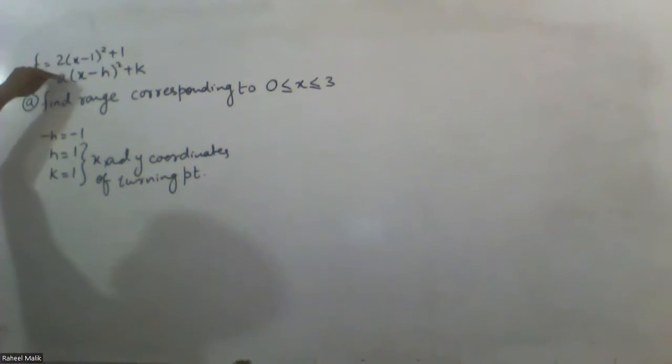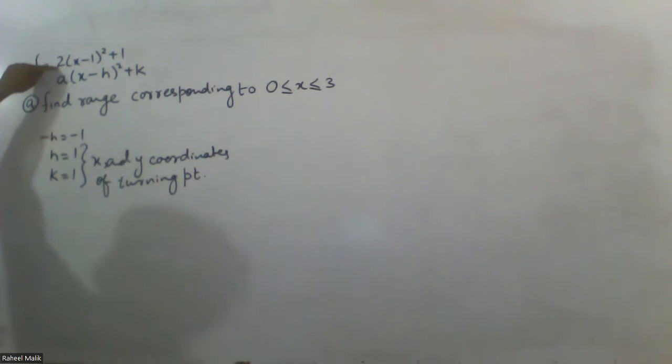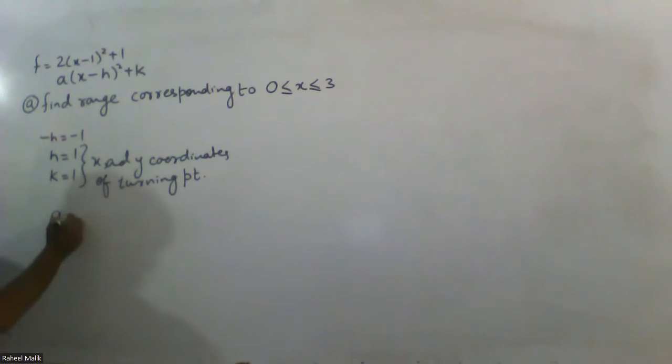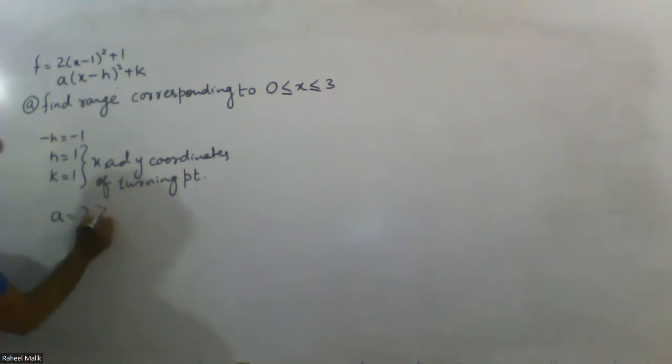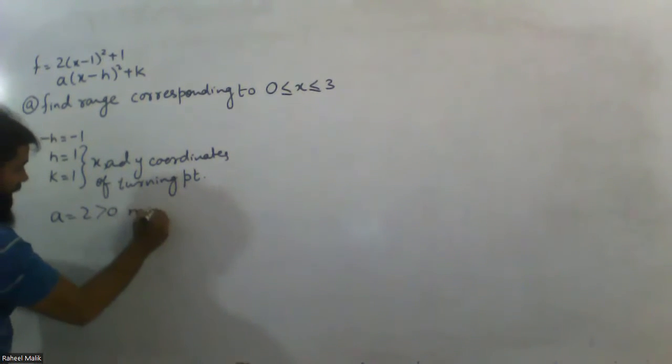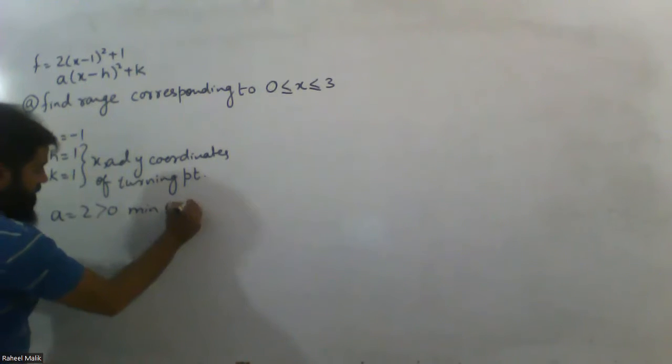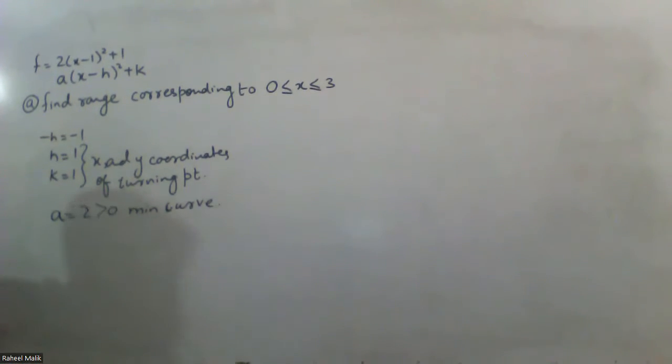Comparing a, which is written outside the bracket, a equals to 2, which is greater than 0, so I will have a minimum curve over here.